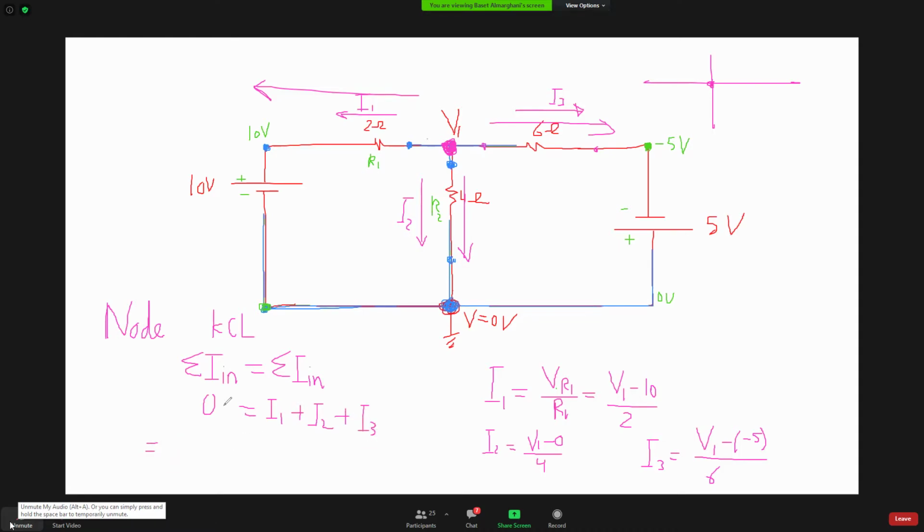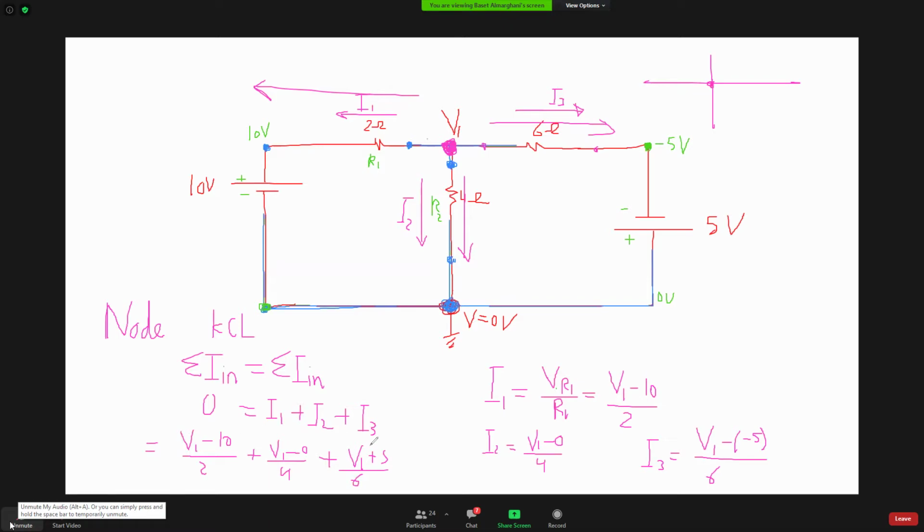Now, this is the equation. If I plug in the values for the currents, I1 is V1 minus 10 over 2, I2 is V1 minus 0 over 4, and I3 is V1 plus 5 over 6.